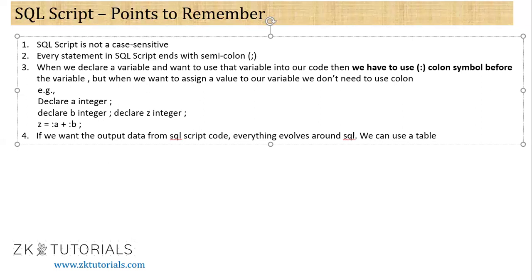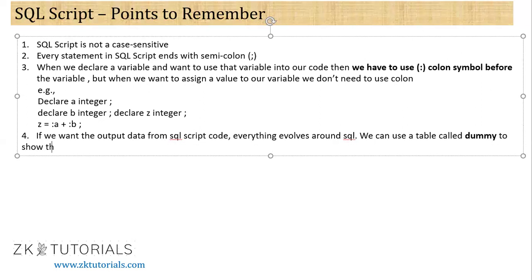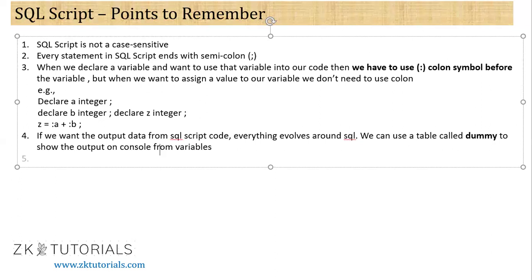This is very important. We can use a table called DUMMY to show the output on the console from variables. I will show you what this DUMMY is, but remember this DUMMY. So if you want the output data from SQL script code, everything moves around SQL only, and you will use a table called DUMMY to show the output. I will show you where I will be using this DUMMY concept.